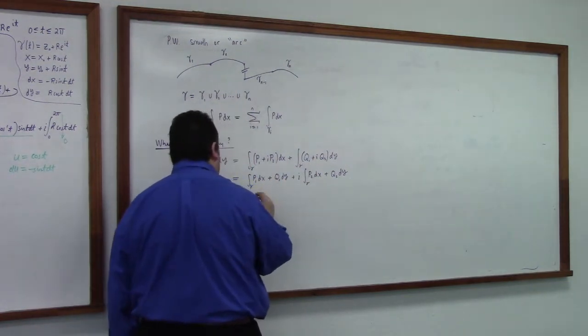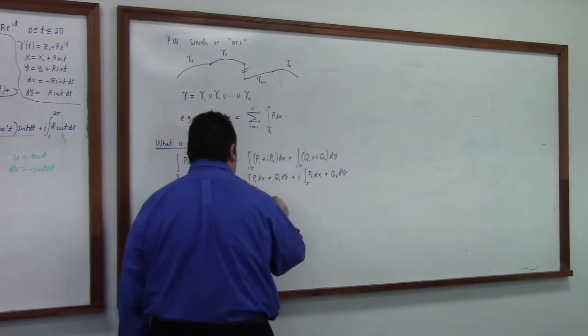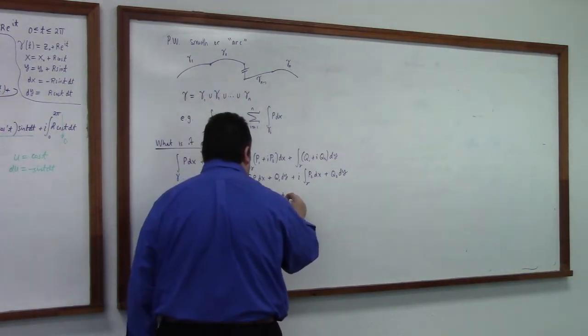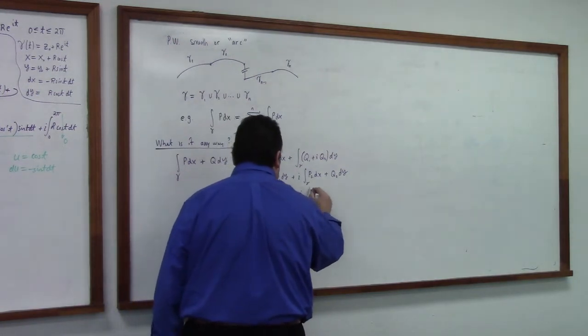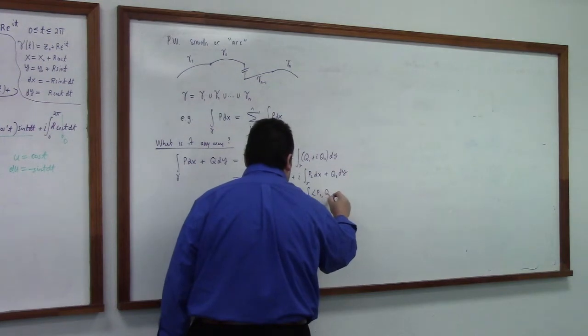So what you're looking at is the integral over gamma of (p1, q1) dot dr plus i times the integral over gamma of (p2, q2) dot dr.